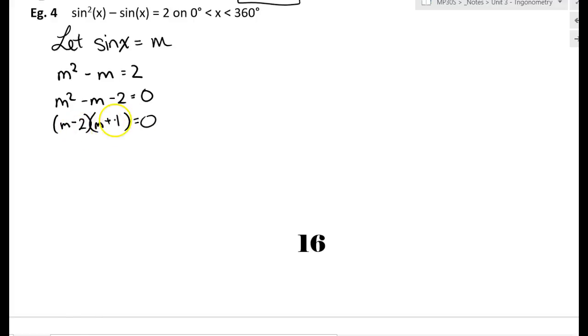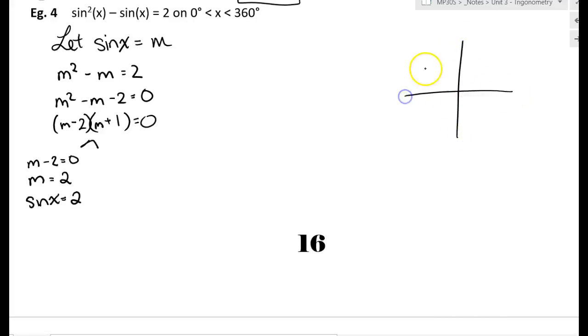Okay, so I've got my two options again, so we split, and m minus 2 equals 0. Well, from here, I've got m equals positive 2, so sine x equals 2. At any point on our unit circle, can sine be equal to 2? Now remember that on our unit circle, our radius is 1.